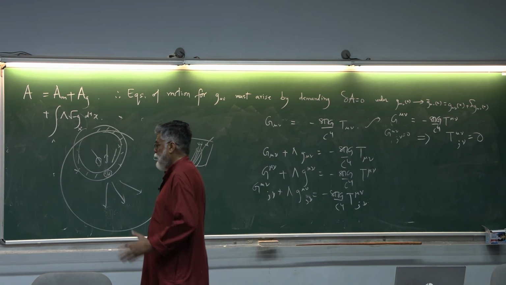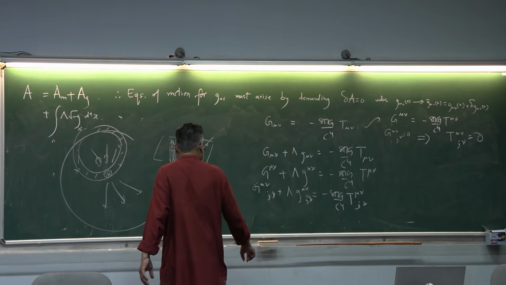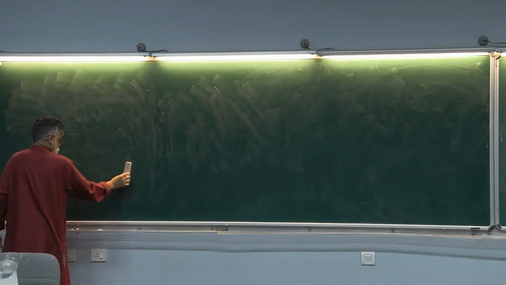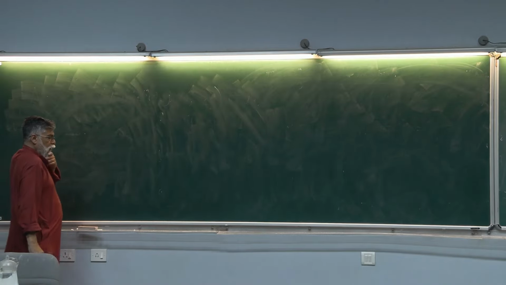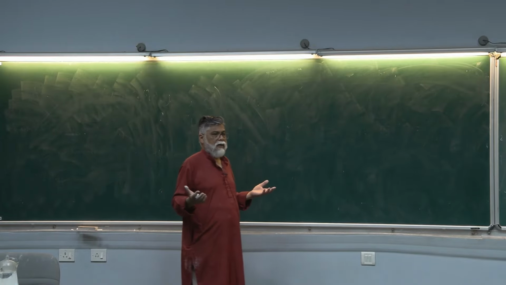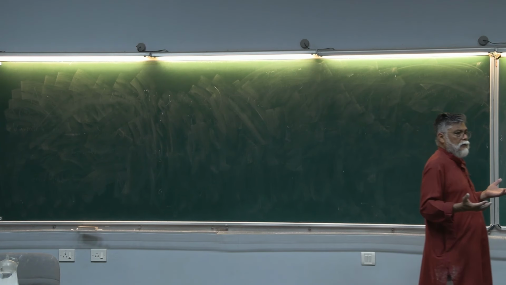Yeah, okay. Now I'll go to the geometry of space-time and the symmetries. Given a space-time, meaning what? That you have chosen your coordinate system and you have solved the Einstein equations, which are second order differential equations in the metric.